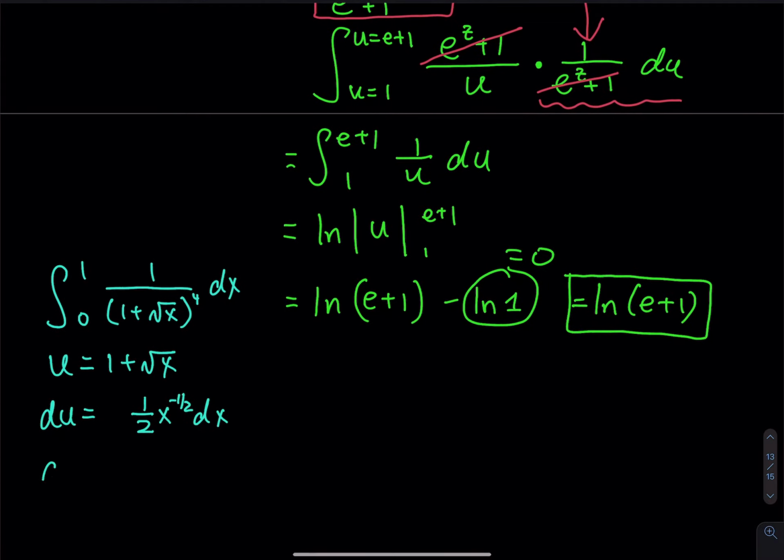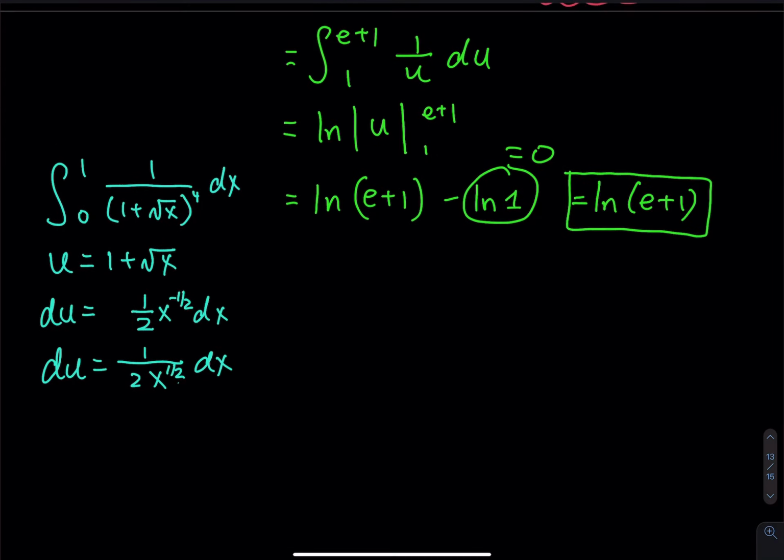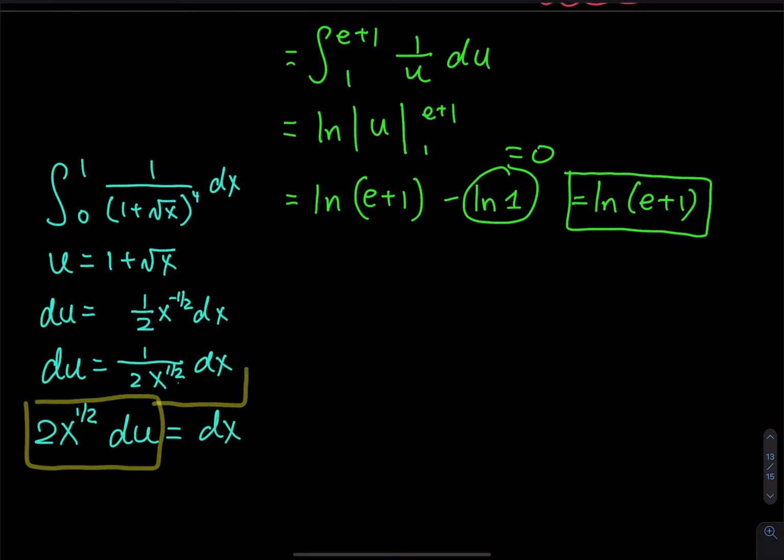And then you have du equals 1 divided by 2 root x dx. Let's just keep the 1/2 power, and then bring that to the other side, 2x^(1/2) du equals dx.